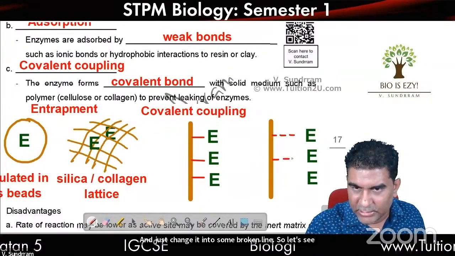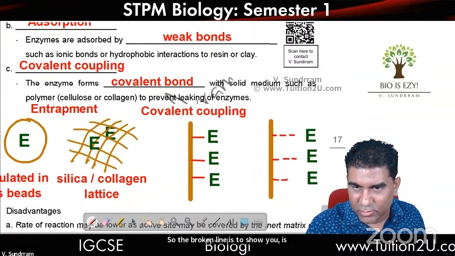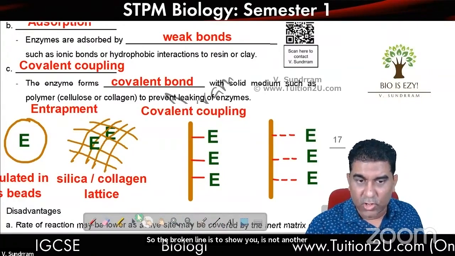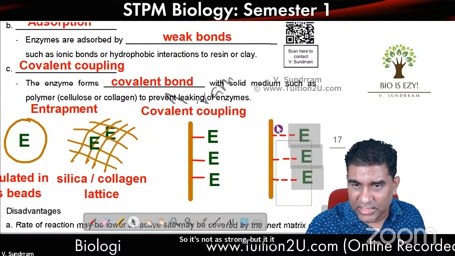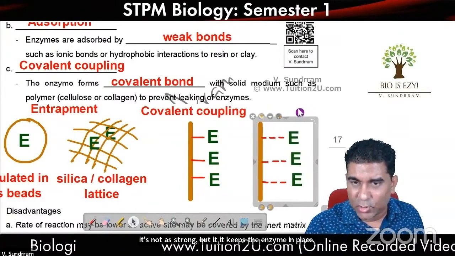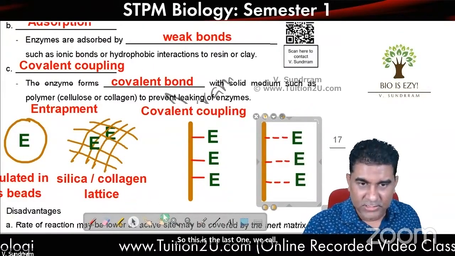The broken line is to show you it's not like a hydrogen bond. So it's not a strong bond, but it keeps the enzyme in place. So this is the last one. We call this adsorption. Lekat. This is adsorption.